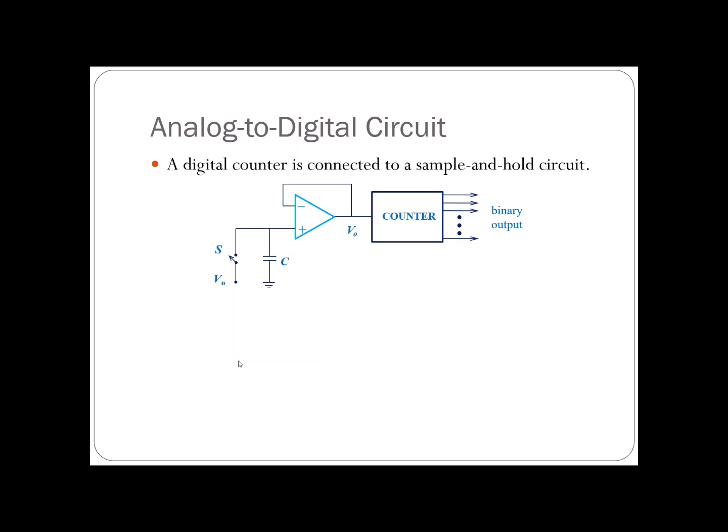Okay, let's take a look here at how this sample and hold amplifier works to digitalize an analog signal. As I have already mentioned, this point is connected to the signal that we want to digitalize. Let's say, for example, this is the signal that we want to digitalize and to record.